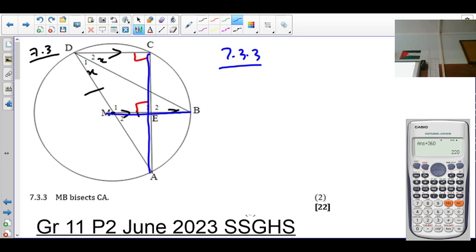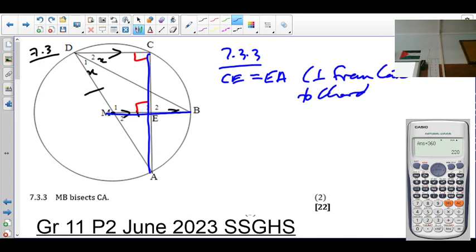But we just spoke about that now. So we can say that CE is equal to EA. Why? Because it's perpendicular from center to chord bisects the chord. That's all you need to write.